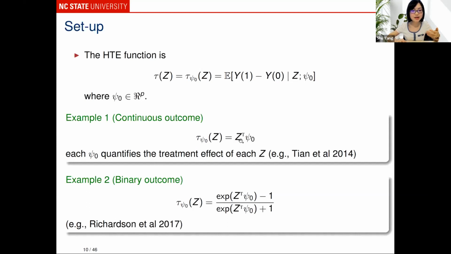And each psi_0 here quantifies how treatment effect varies across each Z. For the binary outcome, we can take the arctangent link function here so that the causal risk difference falls between -1 and 1. And we have similar interpretations about psi_0.